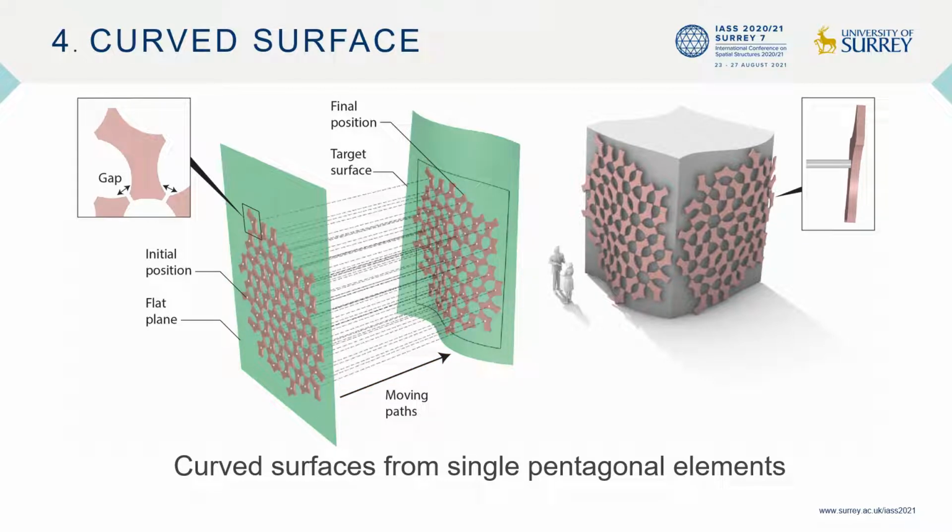It should be highlighted that gaps are inserted between pentagonal elements in the initial configuration to prevent clashes during the repositioning process. Manufacturing such curved surfaces from single pentagonal elements may include some challenges, and their connections need to consider bending and twisting, which is currently under development.